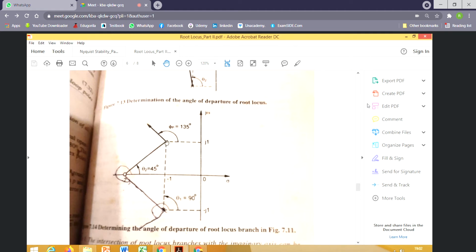The locations of the complex open loop pole pair are at -1 plus minus j1, and this open loop zero is located at -2. Okay, so find out the angle of departure. This is the angle of departure. So find out the angle of departure from this complex open loop pole. Do it.